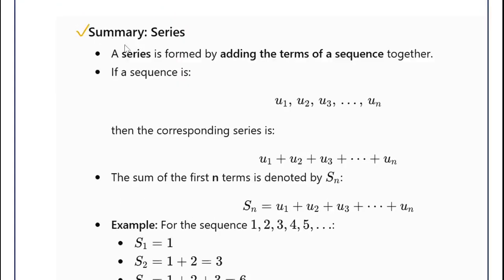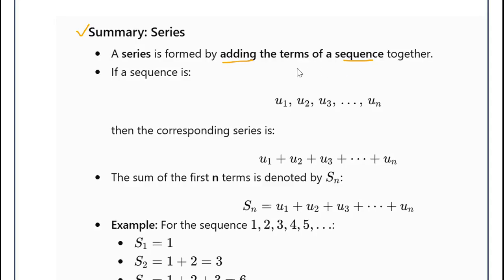So, by definition, a series is formed by adding the terms of a sequence together. We add the terms of a sequence together. Remember we said a sequence is a set of ordered lists of numbers that are arranged in a particular manner or in a particular pattern following a particular rule.